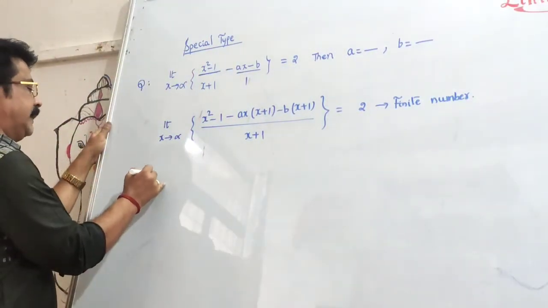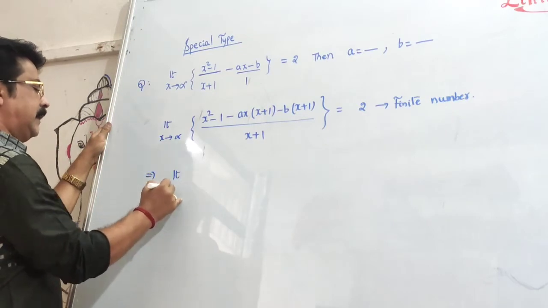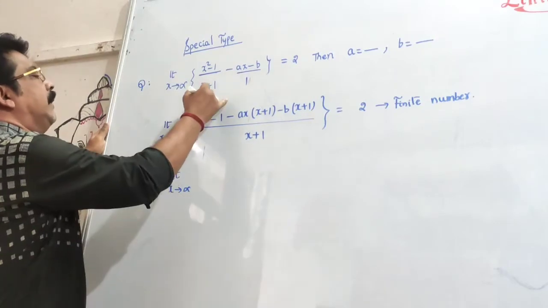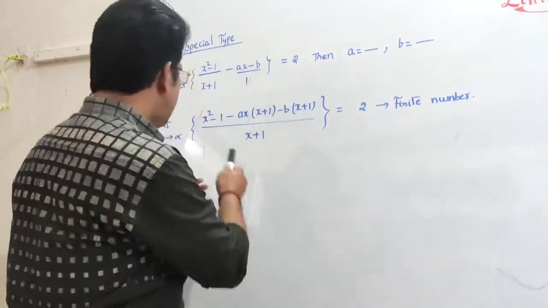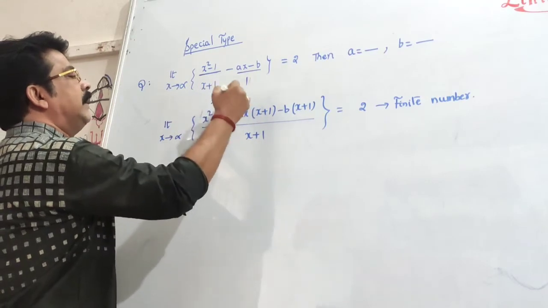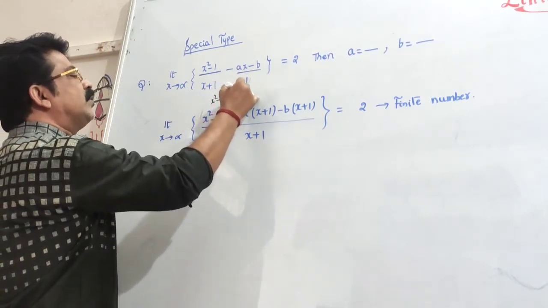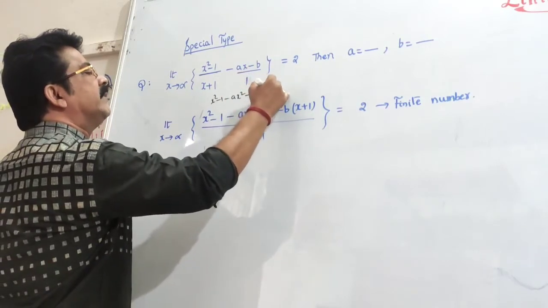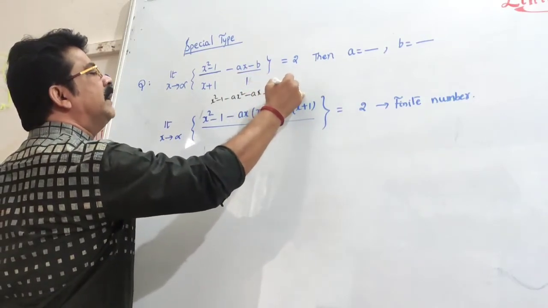Okay, just to simplify it, limit x tends to infinity. Here actually this is x square minus 1 minus ax square minus ax minus bx minus b.